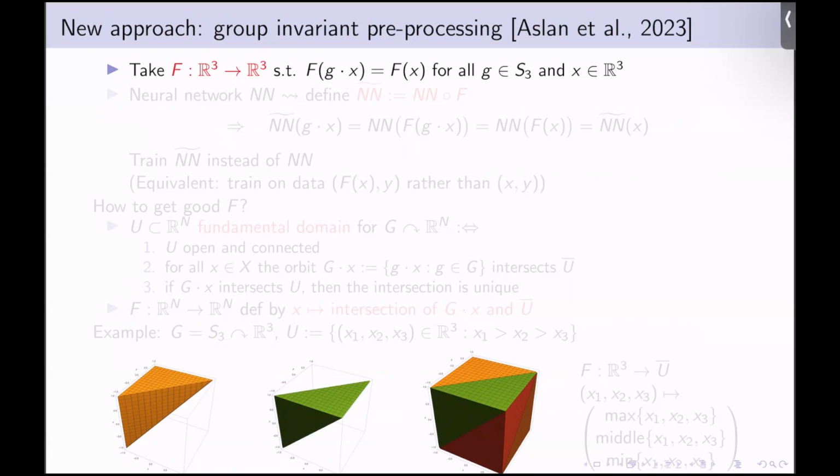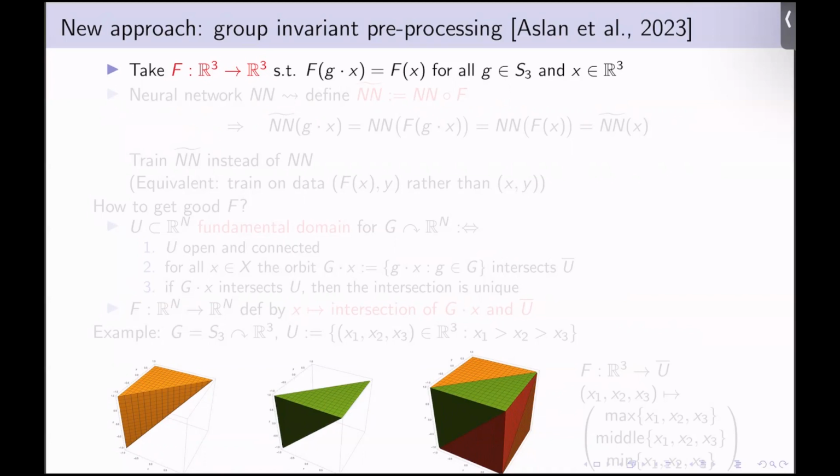So F of g times x equals F of x. Now this is different from the pooling function before. The pooling function went from our input space R3 to just the output space R. Here, this is some sort of transformation of the input space. And the point of the talk is to tell you where you get good maps F from. So this will come in a second.